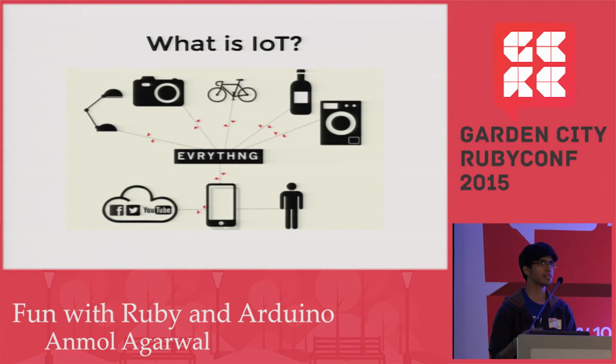And basically, you can make those things talk to you. They can understand you. Suppose you are coming back home from work. Your home understands that, okay, you have just arrived. So let's turn on the fan and lights for you and maybe play relaxing music in the background. So non-living things or daily life things are talking to you. That is Internet of Things.